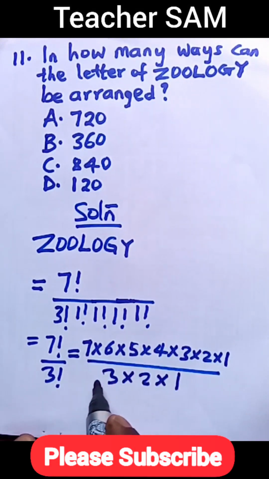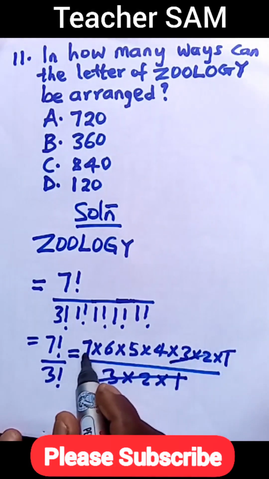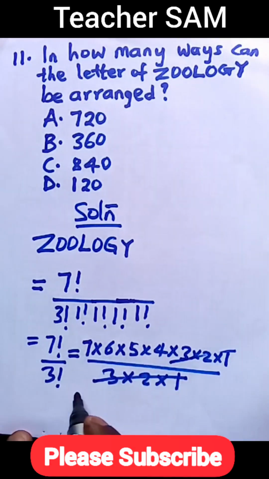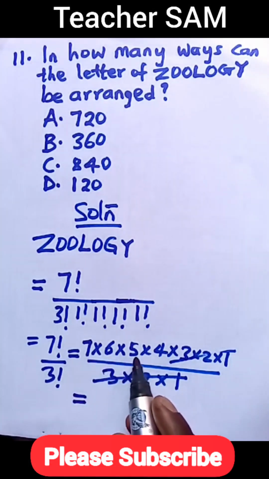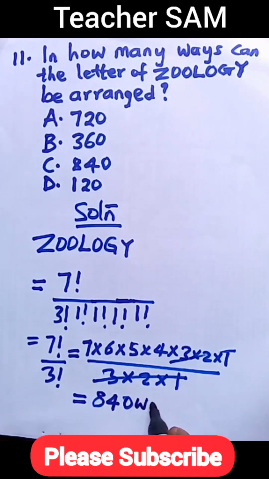So we cancel the whole of this, and we are left with just 7 times 6 times 5 times 4. If we multiply 7 by 6 by 5 by 4, we will have 840. So this word zoology can be arranged in 840 ways. So that is how to do that.